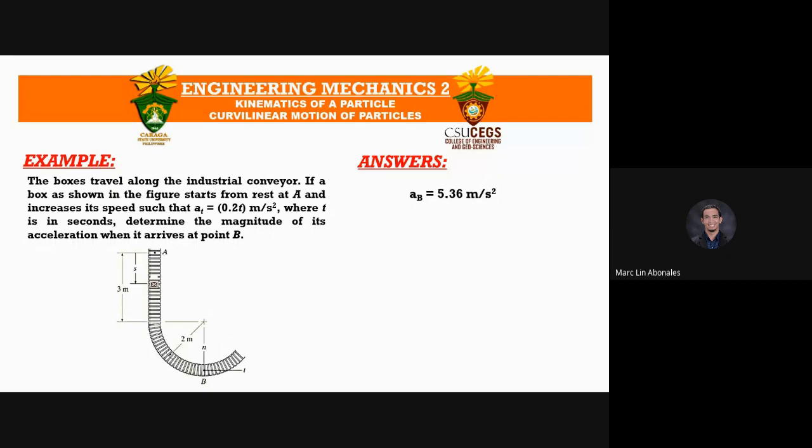So on this third example for the normal and tangential components, this is the last example for normal and tangential components. The boxes travel along the industrial conveyor.